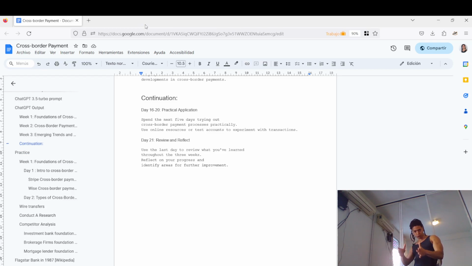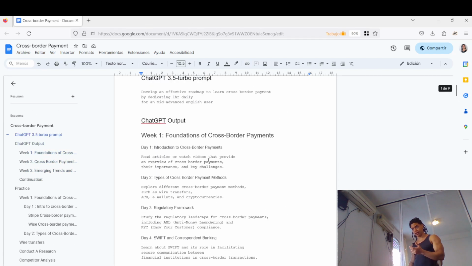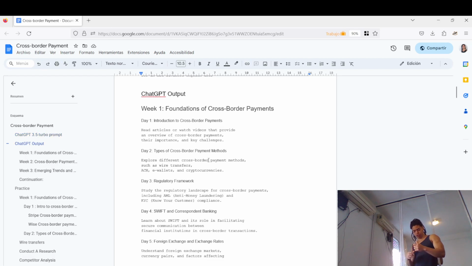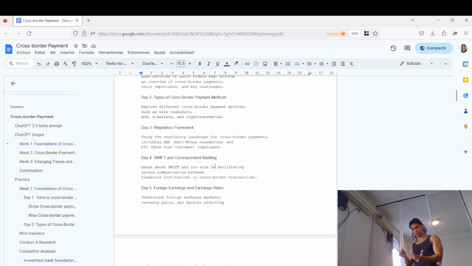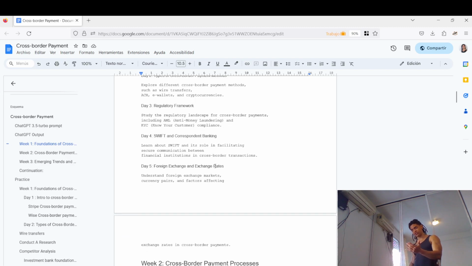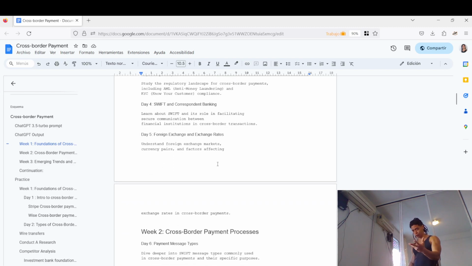Okay, so focus first on the fundamentals, especially with cross-border payments. Know what cross-border payment is, the types of cross-border payments, the regulatory framework, SWIFT and correspondent banks, forward exchange, and exchange rates.